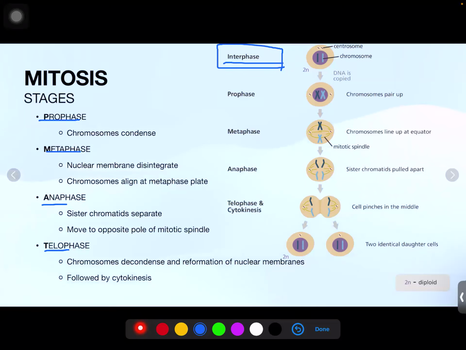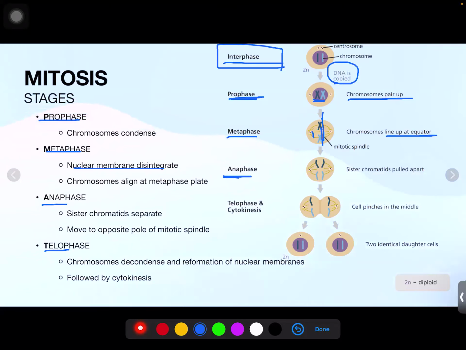So during interphase, DNA is already copied. Okay. Now it enters into mitosis. Then in prophase, the chromosomes pair up. Look, the chromosomes are pairing up. And then the metaphase. During metaphase, the nuclear membrane disintegrates. See, there is no nuclear membrane here. The nuclear membrane disintegrates and chromosomes line up at the equator. They are lined up here in the center.